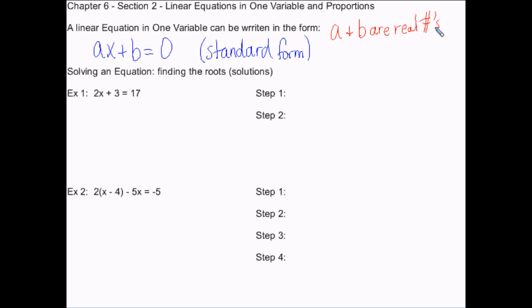So step 1 is going to be to add or subtract the constant from both sides. So in this case, we're going to subtract 3.